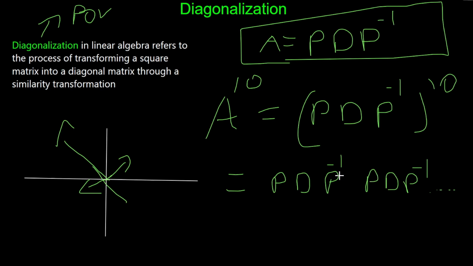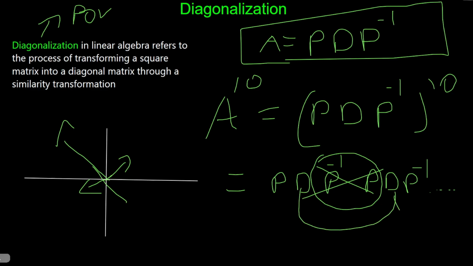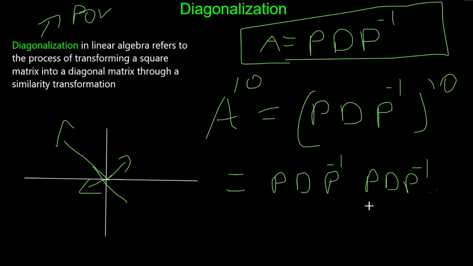But we can see that matrix P and matrix P inverse just cancel out. So what we will have between them is just D, 10 D's. So we'll have P D power 10 P inverse.